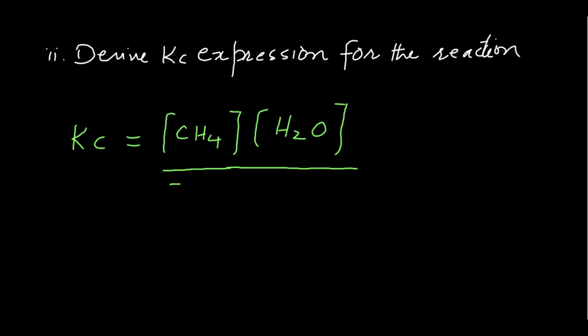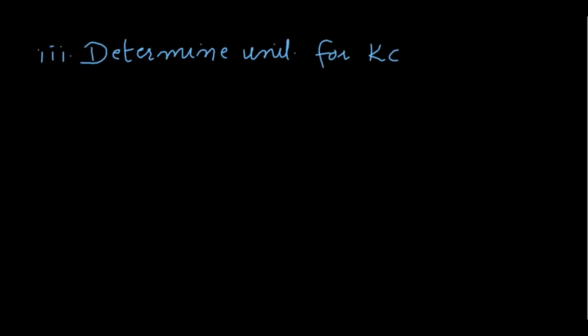And we know what are reactants. Reactants are, we have 1 mole of carbon monoxide, right students, and we have 3 moles of hydrogen. Since number of moles of hydrogen are 3, so 3 is written in the form of power. So this is the Kc expression for the given reaction. I hope this is clear to you.